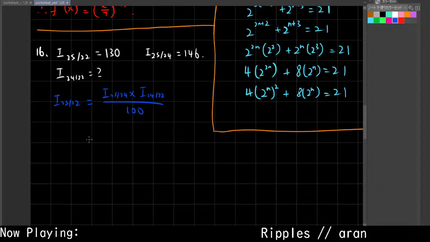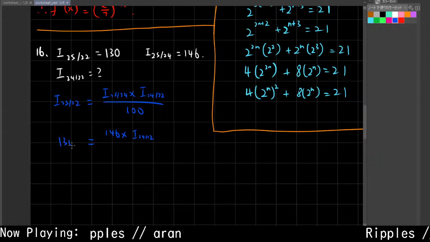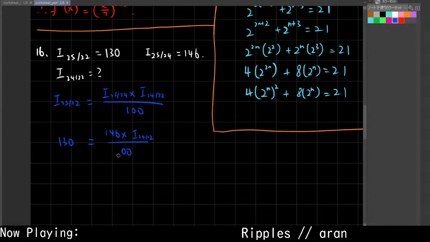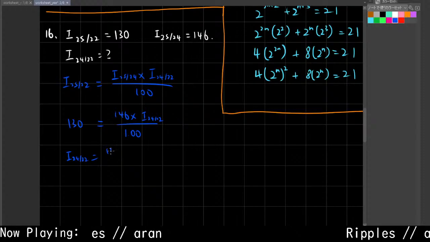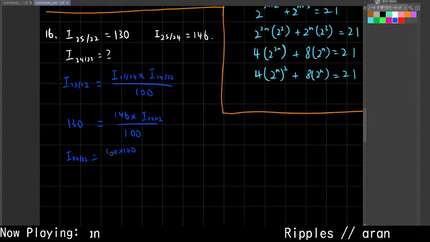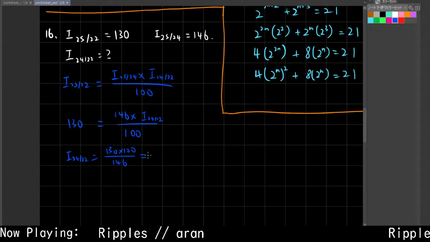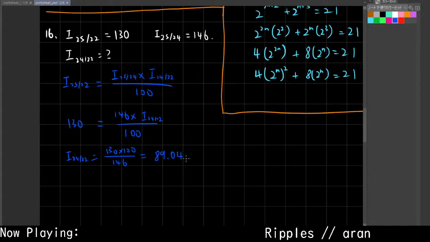So 25 on 24 is 146, 24 on 22 you don't know, and 25 on 22 is 130. So this will be equal to 130 multiplied by 100 over 146. This should be equal to 89.04, to two decimal places.